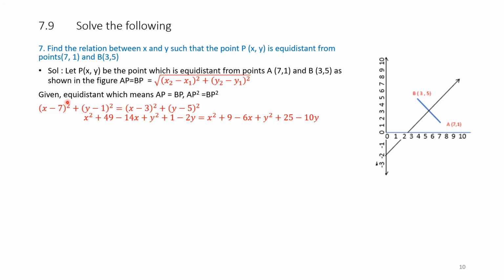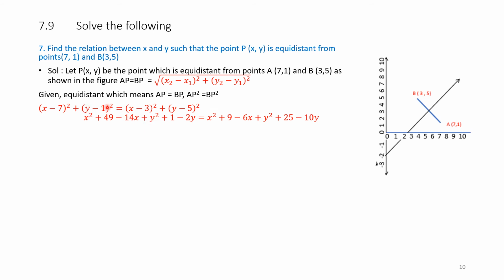Therefore, expanding we get x minus 7 whole square is x square plus 49 minus 14x. That is a square plus b square minus 2ab. A square is x square, b square is 7 into 7, 49, minus 2ab is 2 into 7, 14x, plus y square.